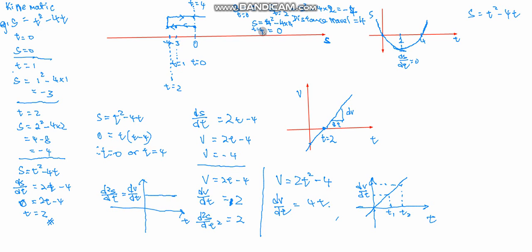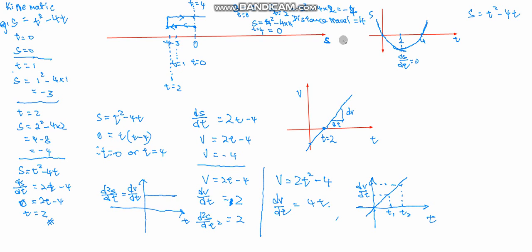After 4 seconds, if you use the vector value, the position is actually back here. So s is equal to 0. That's correct in terms of displacement. But this will not tell you the distance traveled, the scalar value. But obviously we know from here to here is 4. You need 4 distance, and when you go back to t equals 0, another 4.